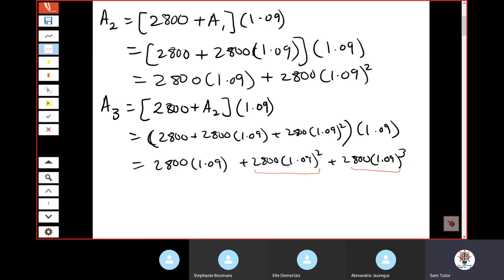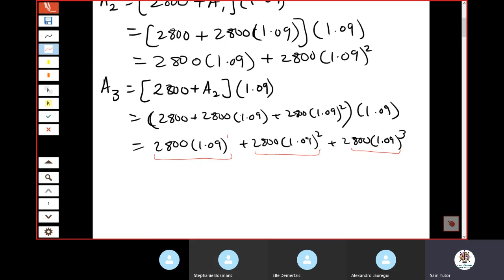This last one, the one you just put in now, will only grow for 1 year. So the first one you put in went for 3 years, the second one went for 2 years, and the last one only goes for 1 year. Does that make sense? Beautiful.